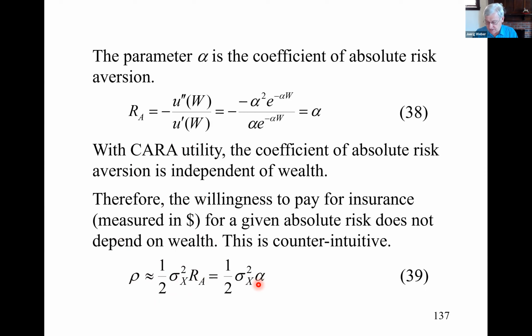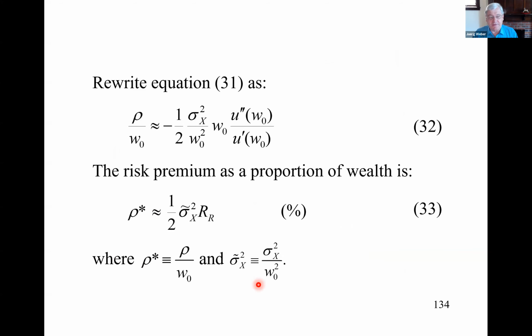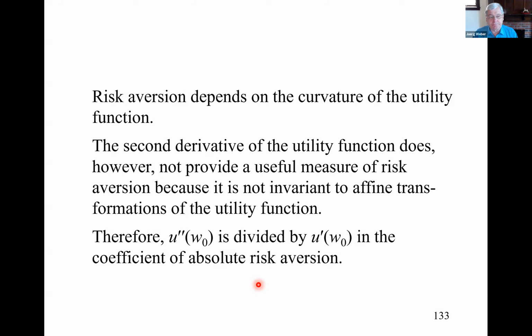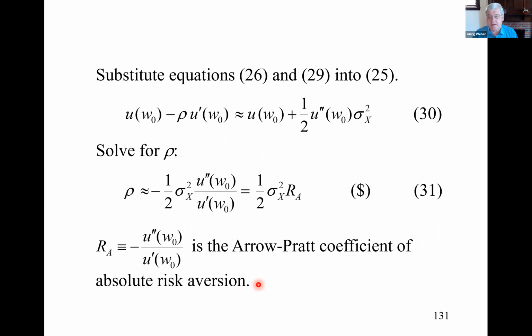Maybe we go back and have a short look at the formula again when we did it the first time. You see here, we said the risk premium of the consumer is approximately equal to this expression here with the coefficient of absolute risk aversion. This was equation 31.